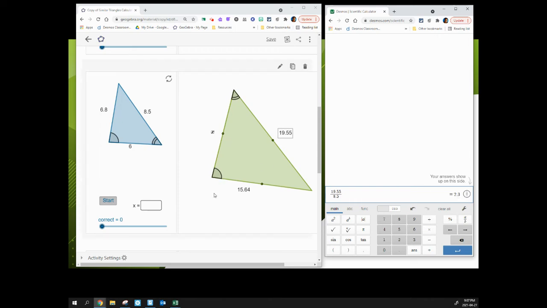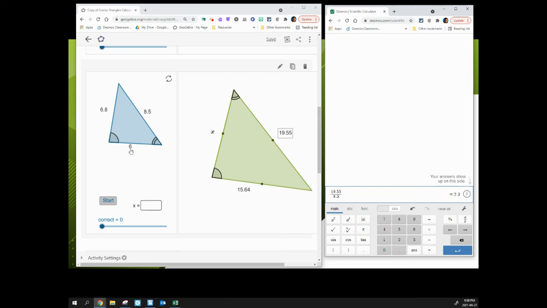Great. Now I need to figure out which of the other two sides corresponds to X. And I notice that X is the side that goes from the angle that has two markings to the angle that has one marking. And if I look in the blue triangle, I see that the side that goes from two markings to one marking in the angles measures 6. So that means that X corresponds to 6.